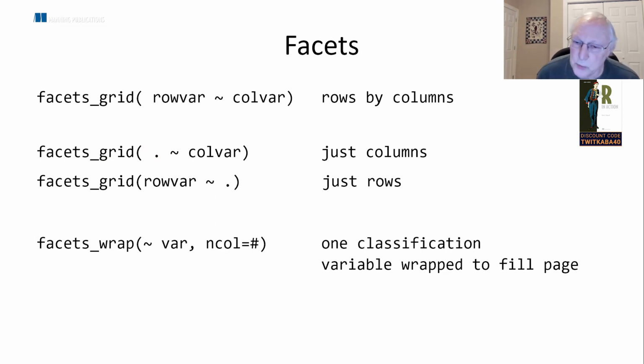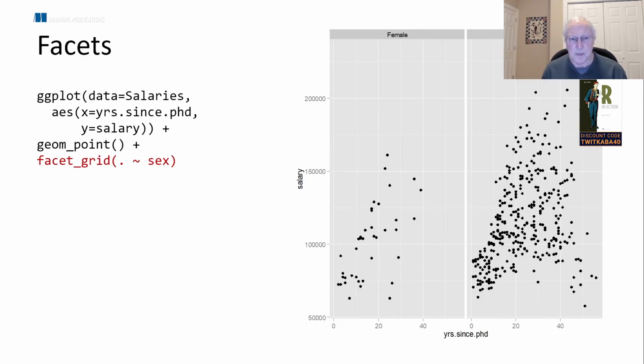Facets are where you represent the results of different groups as small graphs that are lined up in some kind of matrix. As an example, here is the relationship of years of experience and salary for females versus males. The way we get this is with the facet grid function.